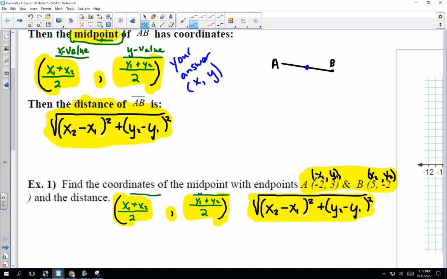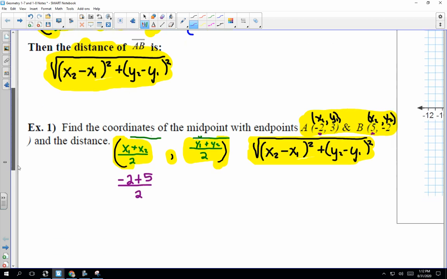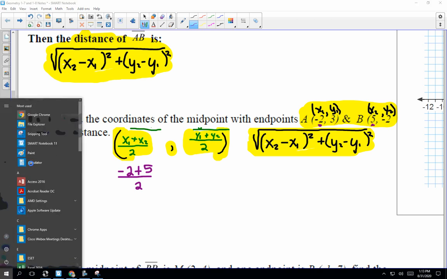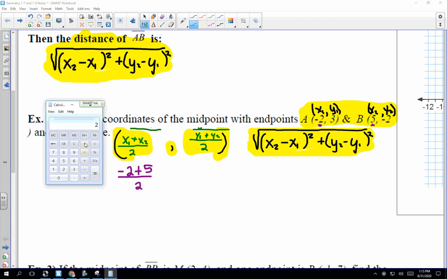Okay, so x1 is -2. x2 is 5. We're going to add those together and divide by 2. -2 plus 5, and you guys, I do like you using a calculator to make sure you get the right answer, because some of you guys aren't really good at positive and negative numbers and how they combine together.